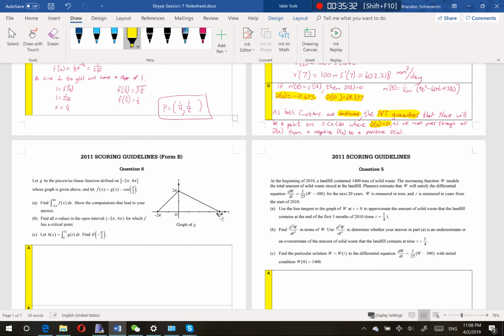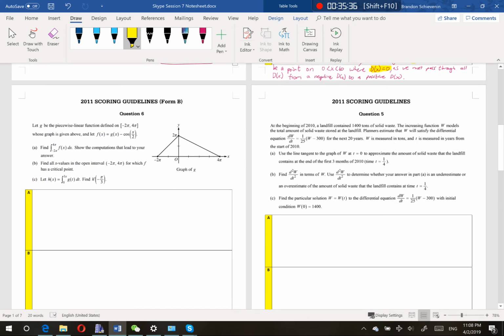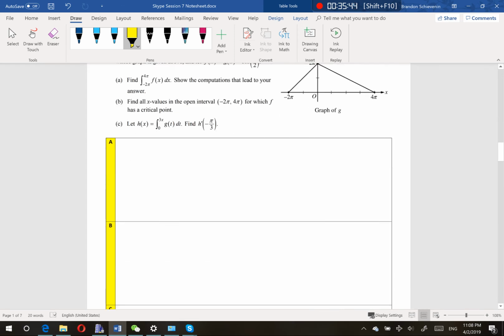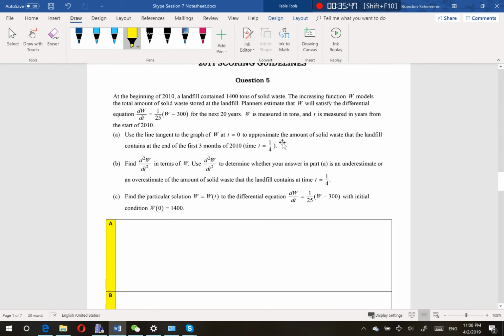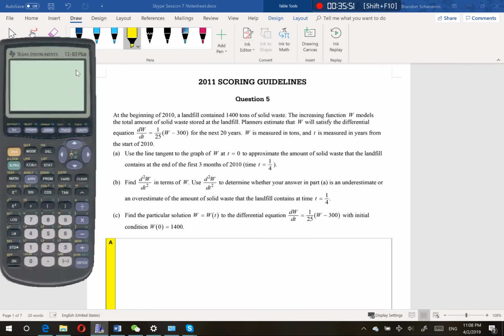I am going to skip this one, so I'm going to skip down to 2011-5, so we can get at least one separable differential equation in here today. I might come back to this next one for the next session. Okay, so question 5, 2011, this one is without a calculator, so I'll go ahead and close this.